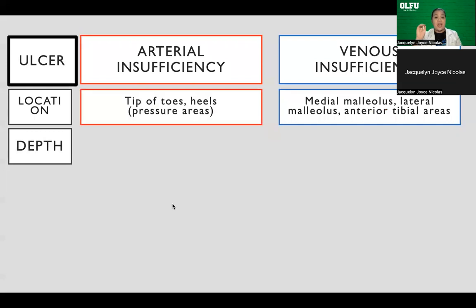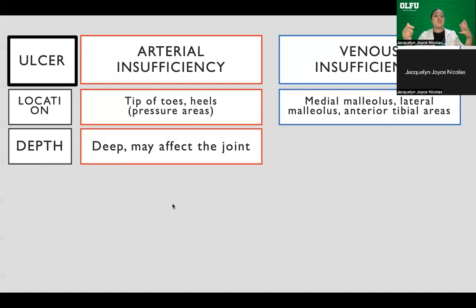Another is the depth. Yung lalim ng sugat, okay? Now the depth of the ulcer, okay, when it comes to arterial insufficiency is usually quite deep. You know what? Arteries kasi are deeper than veins, okay?